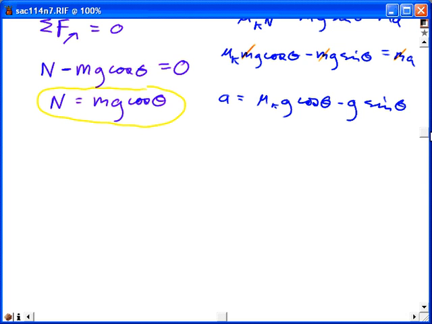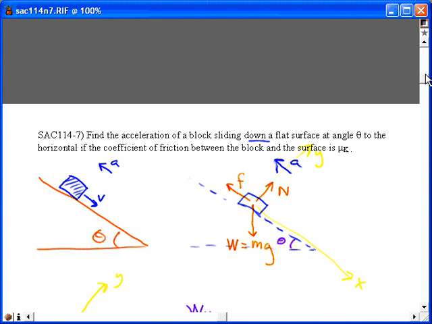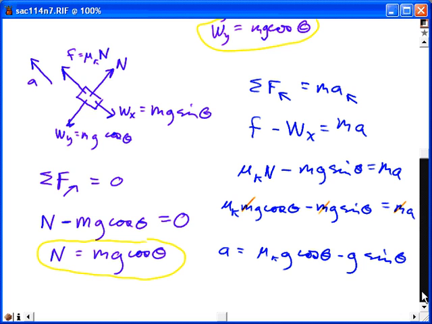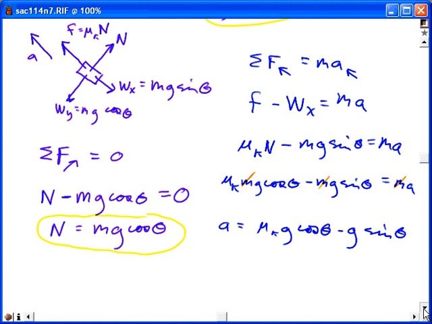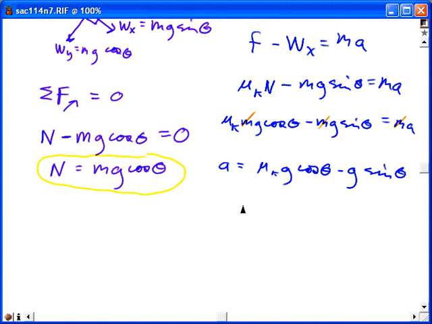Before I frame that, I want to make sure that's really what I was asked to find. Find the acceleration of the block, where the block is sliding down a flat surface. Okay, so that's the magnitude of it, and the direction is in the up the ramp direction.